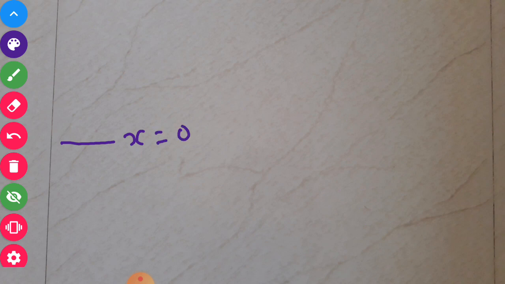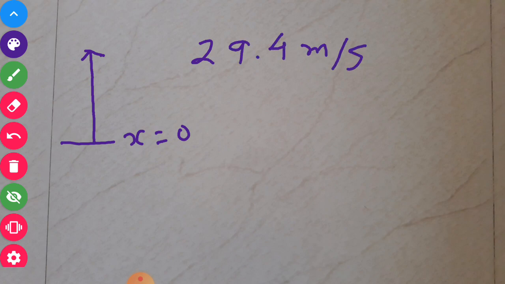From here the ball is thrown in the upward direction. So the ball is moving in upward direction with initial velocity to be 29.4 meter per second.